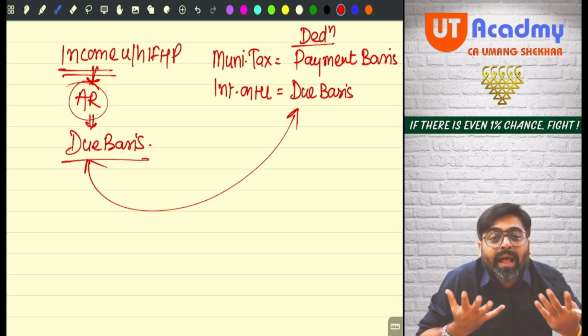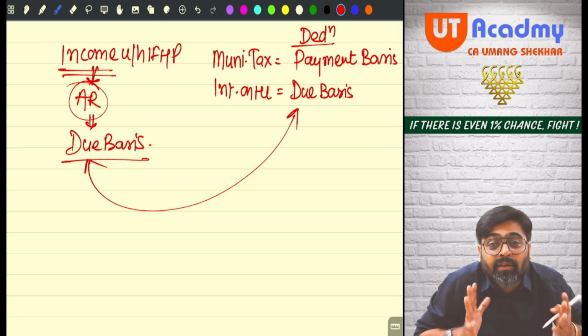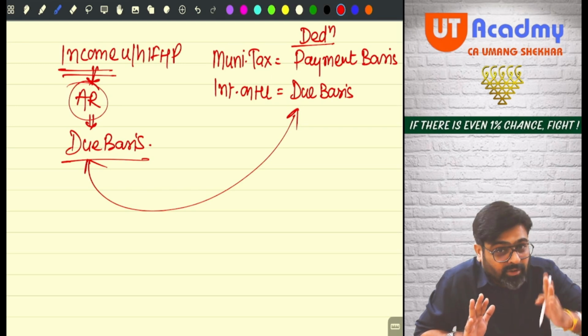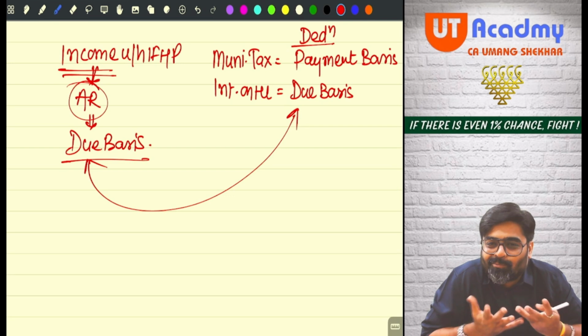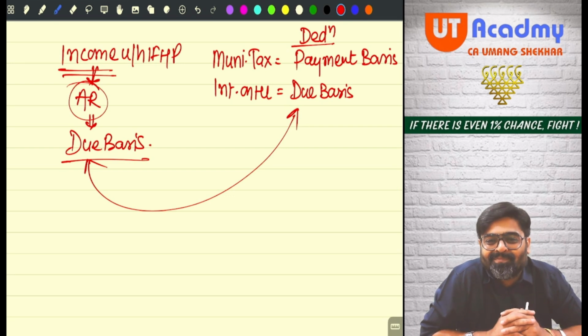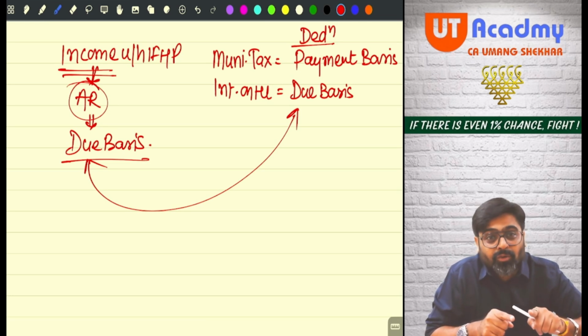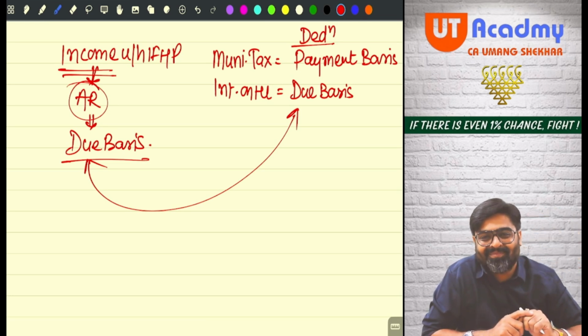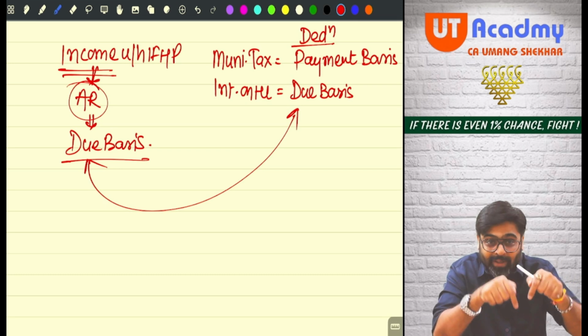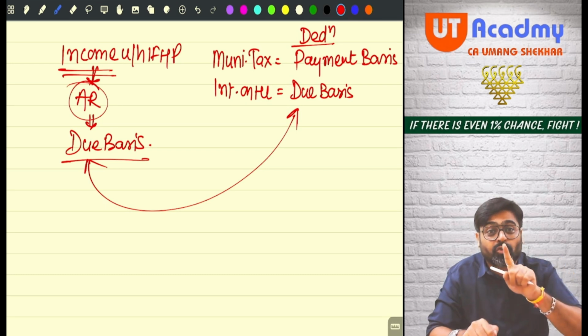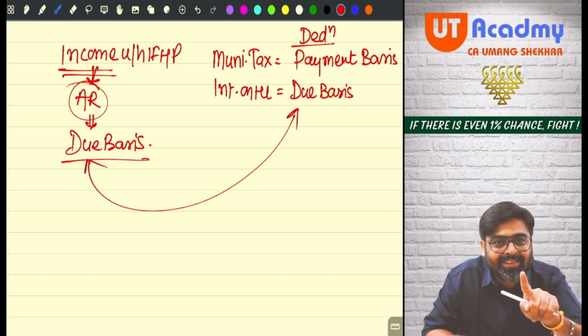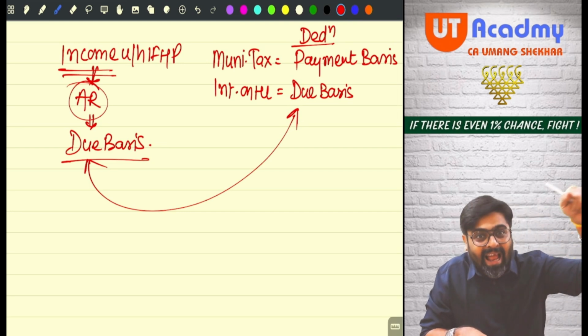Municipality will keep on asking for municipal tax, and are you ever going to pay that tax to the municipality? No. So in order to make you pay that tax to the municipality on time, it should be allowed here on what basis? Payment basis. Only then will you religiously and seriously make the actual payment.